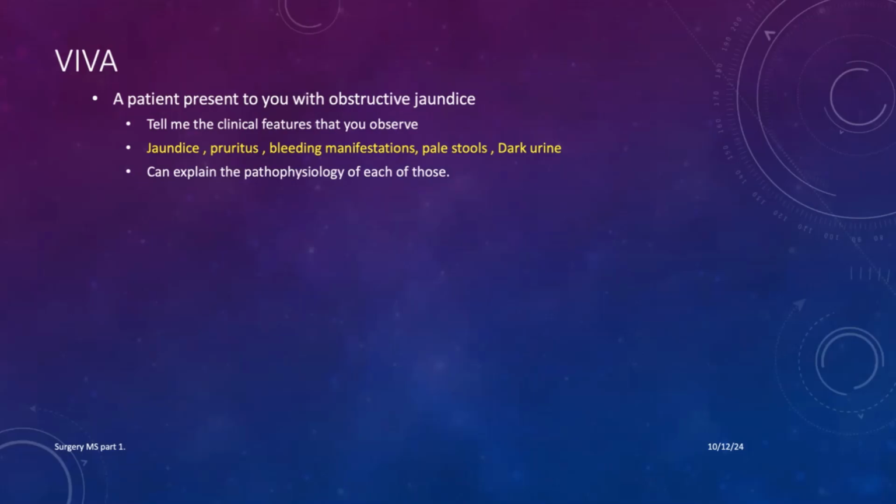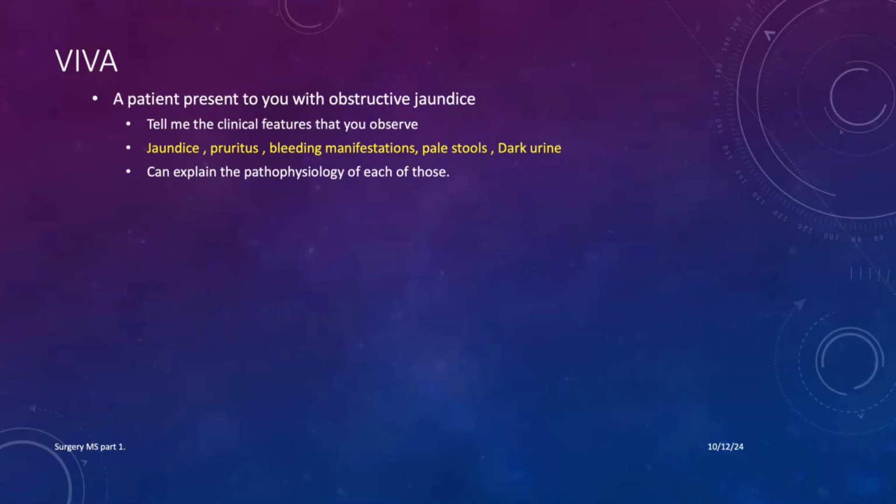So can you think of another way that it could happen? Is there anything like any vitamins that are needed for clotting? Any idea? Yes, it is vitamin K. So how is vitamin K being taken up?